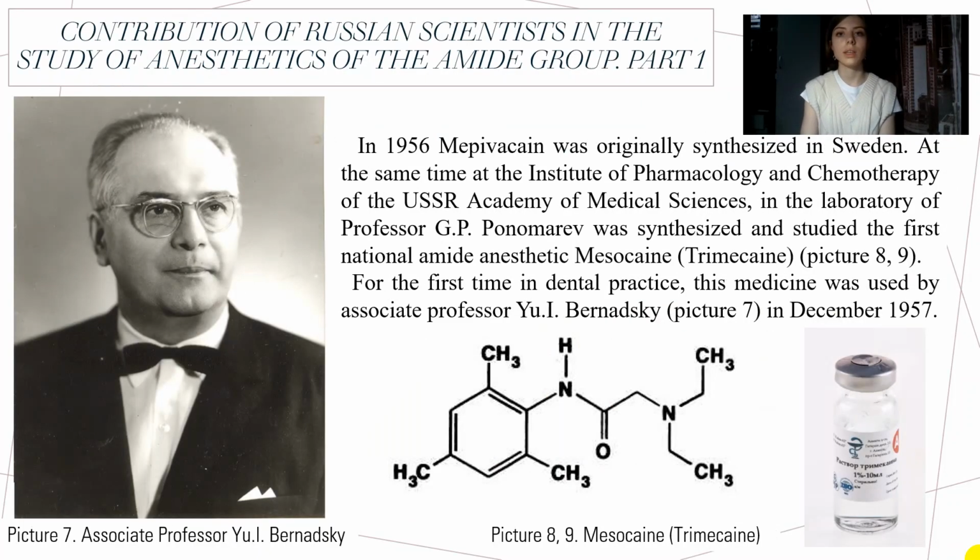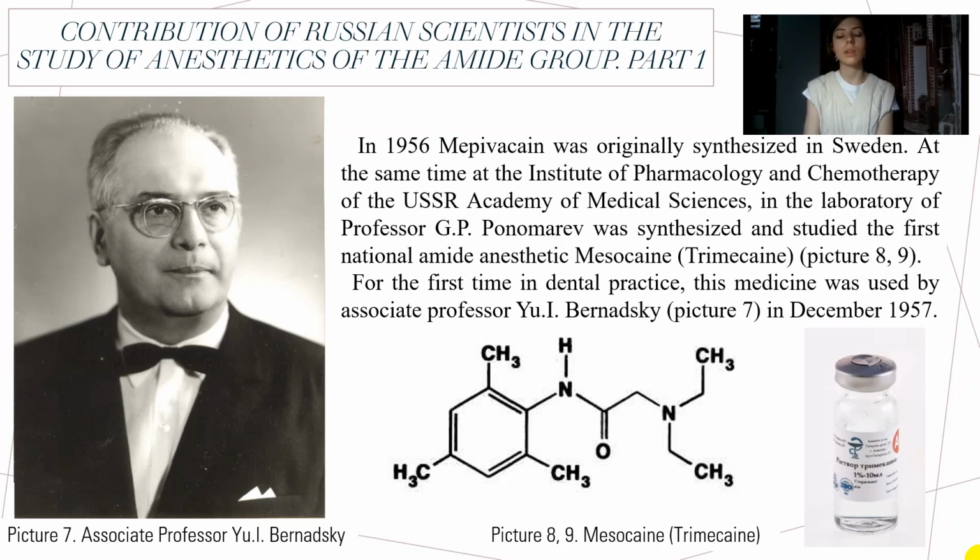Contribution of Russian scientists in the study of anesthetics of the amide group, Part 1. In 1956, mepivacaine was originally synthesized in Sweden. At the same time, at the Institute of Pharmacology and Chemotherapy of the USSR Academy of Medical Sciences, in the laboratory of Professor Ponomaryov, was synthesized and studied the first national amide anesthetic, mesocaine tromicaine, in pictures 8 and 9, a derivative of xylidine.